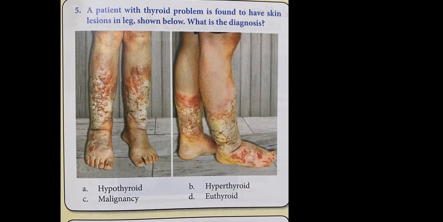Diarrhea is seen in hyperthyroidism, whereas constipation is seen in hypothyroidism. One point to be remembered is that there is a specific pattern of hair loss in hypothyroidism.